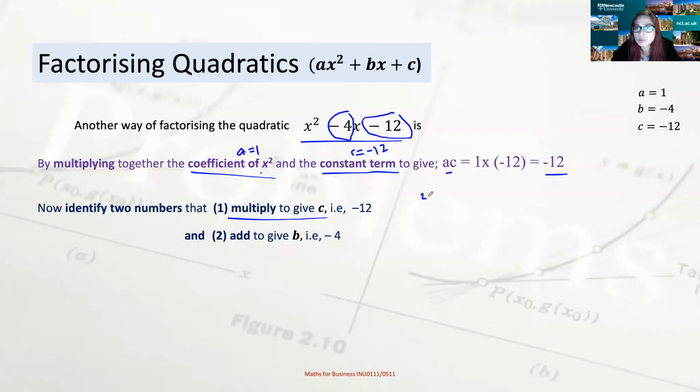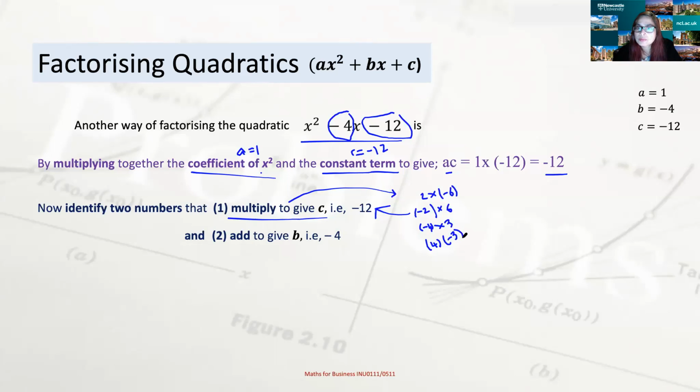For example, 2 times minus 6, minus 2 times 6. Then minus 4 times 3, 4 times minus 3.